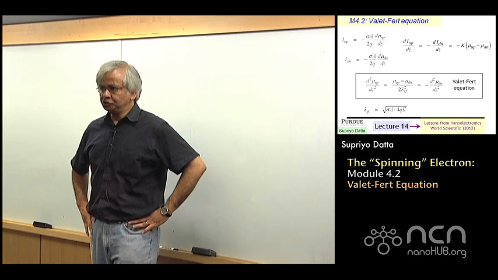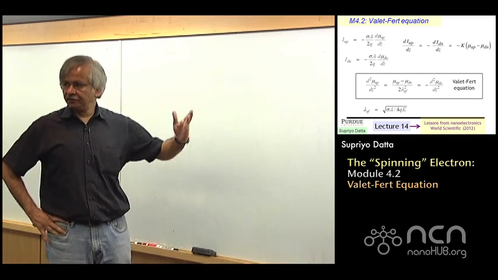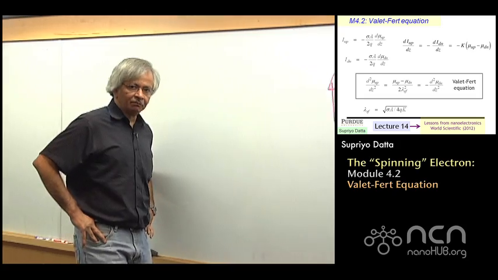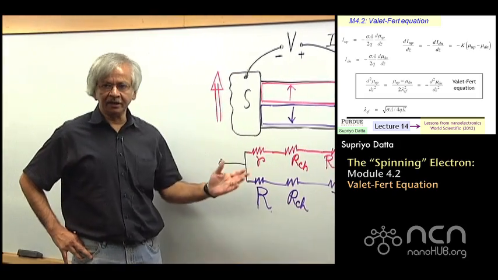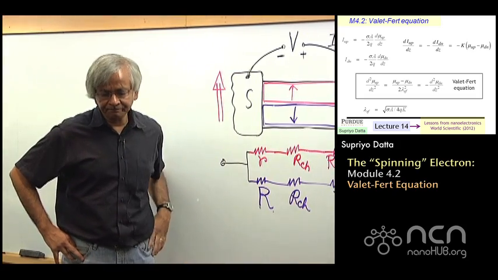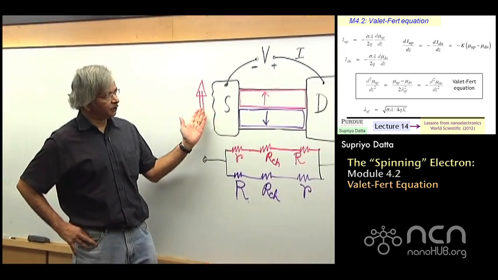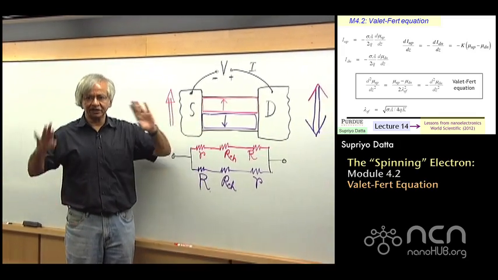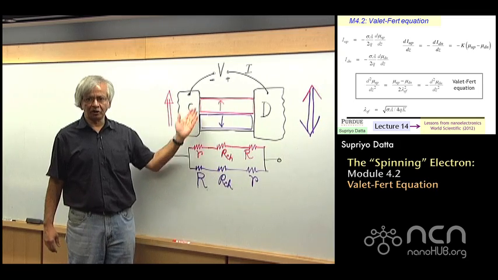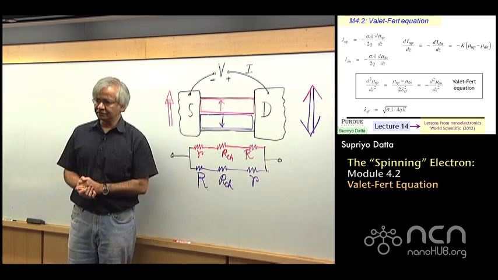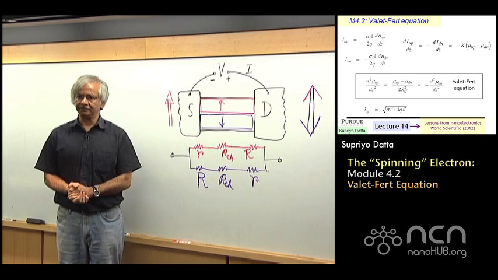Welcome to Module 2 of the spin devices. As you may remember, in Module 1 we started by explaining this basic experimental fact, namely that when you have two magnetic contacts in parallel, just a non-magnetic channel, you get a parallel resistance which is less than the anti-parallel resistance.